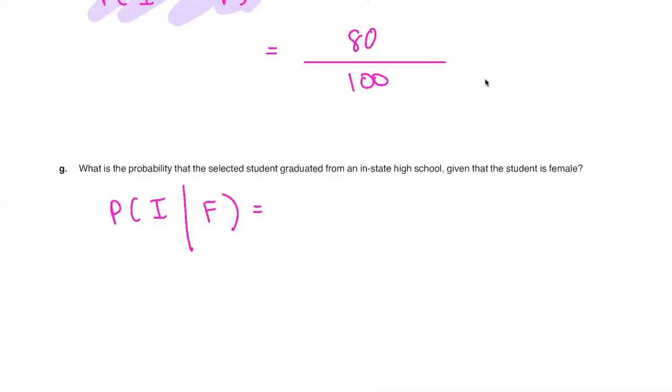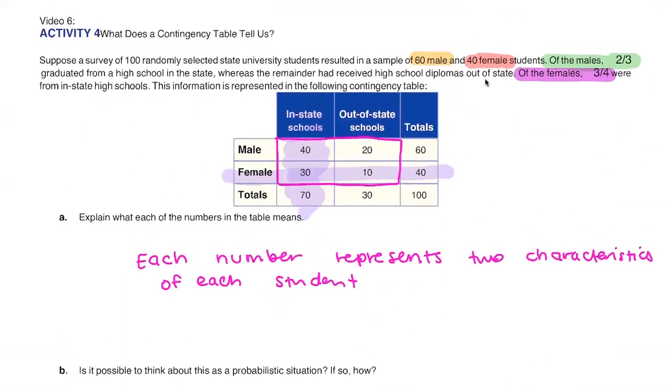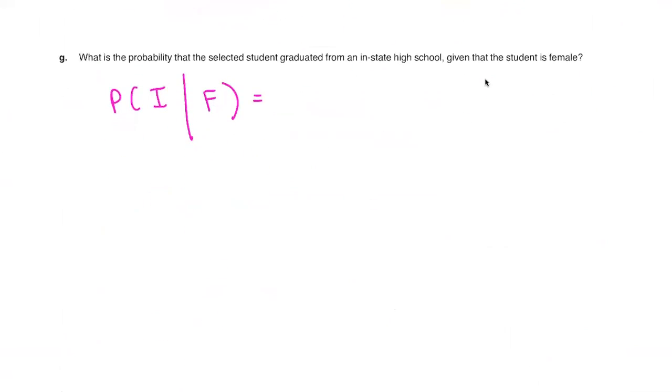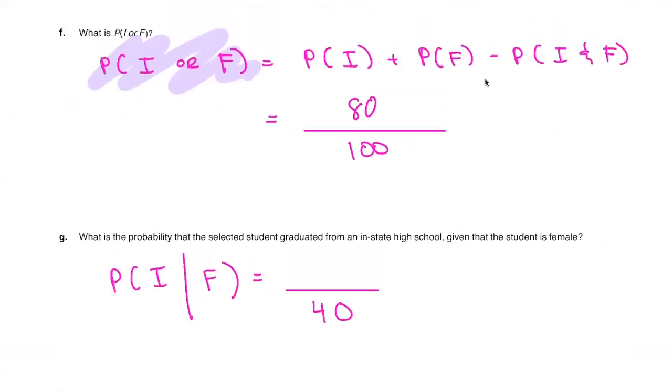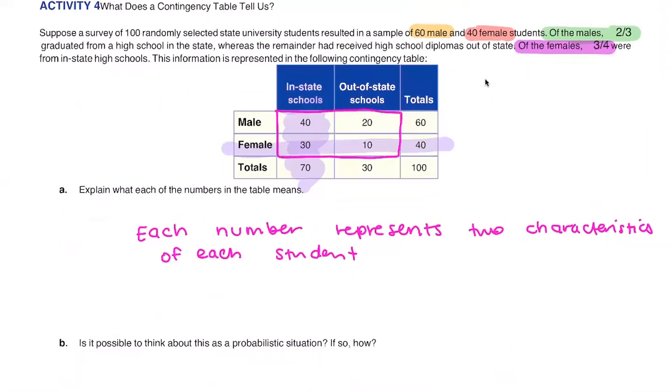We knew at the beginning that there are 40 females. So I see just 40 students together. It's out of 40. Now I say, okay, of the people who just told me you're female, who went to an in-state high school? They're going to raise their hand for me or put a reaction or something. So looking just at the female students, we'll use a blue color.